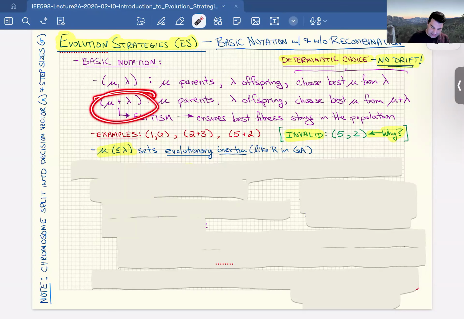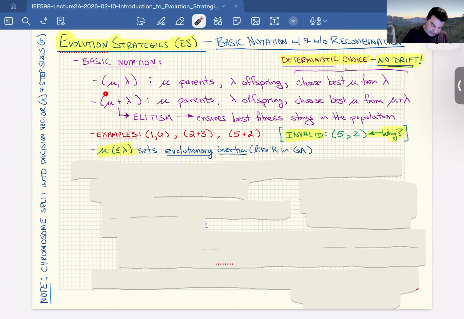An alternative form is to introduce elitism into the ES. And that is implemented with this plus here. That means we do everything the same, but we then choose the best mu from the combination of the old parents plus the new offspring.